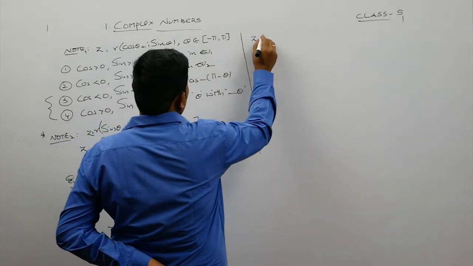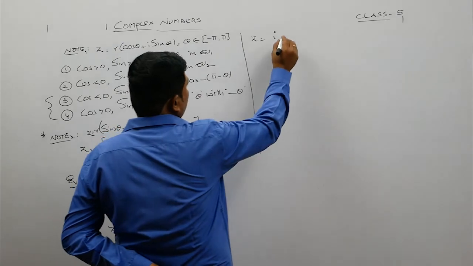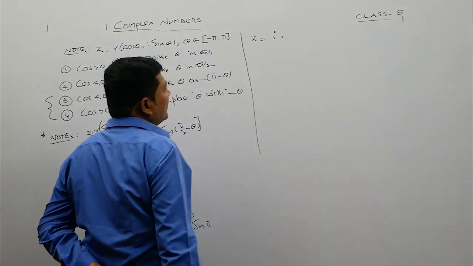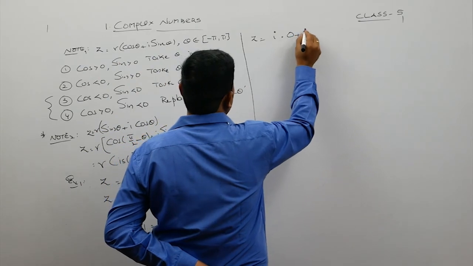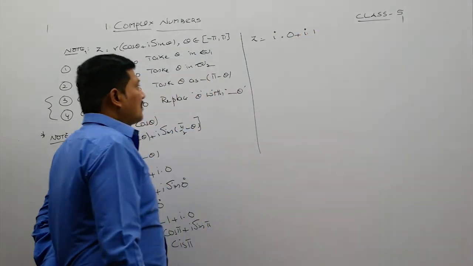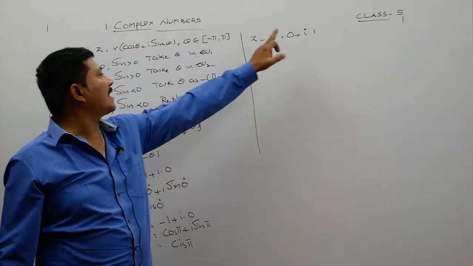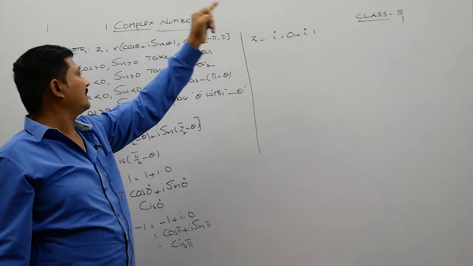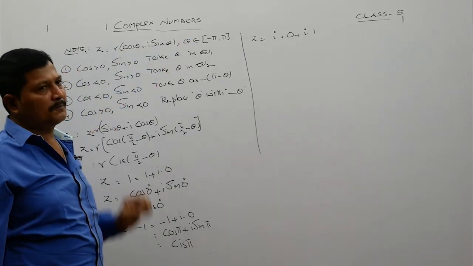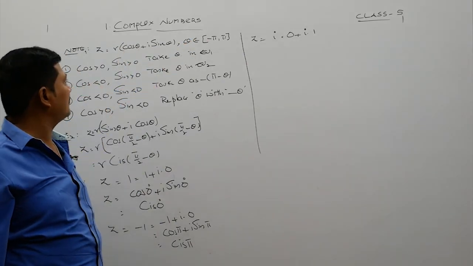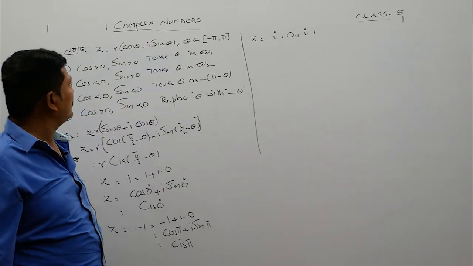Z is equal to i. Now this i can be expressed as, there is no real part in i, so write that one as 0 plus i into 1. Now by comparing this one, in the place of cos theta you have 0, in the place of sin theta there is 1. And cos theta is equal to 0 for theta equal to pi by 2, and sin theta is equal to 1 for theta equal to pi by 2.